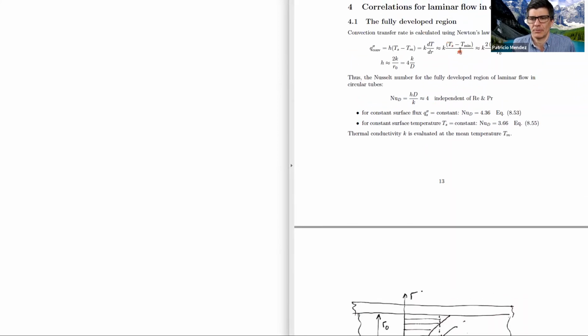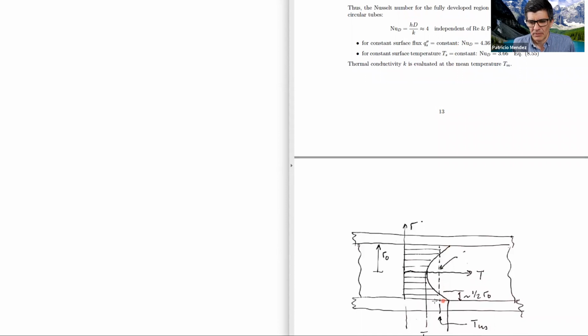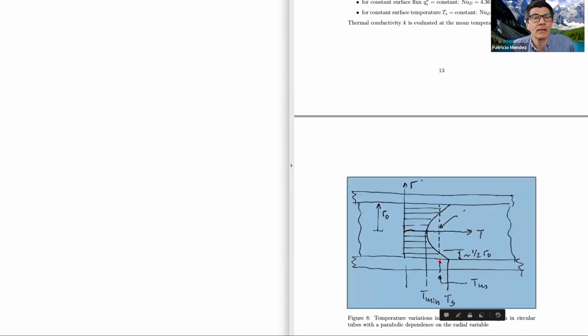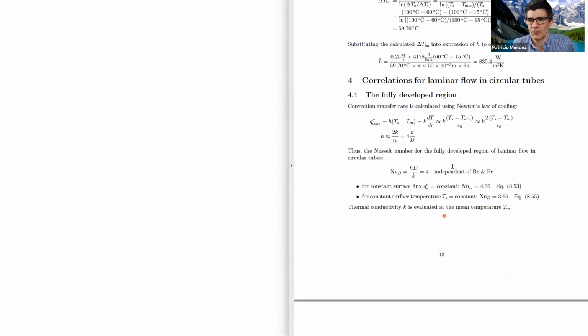And this T surface minus T minimum is more or less, and this is again approximating, twice this other difference between T surface and the mean temperature. So that's why this number 2 appears here. We have 2 times the difference between the surface and the mean.